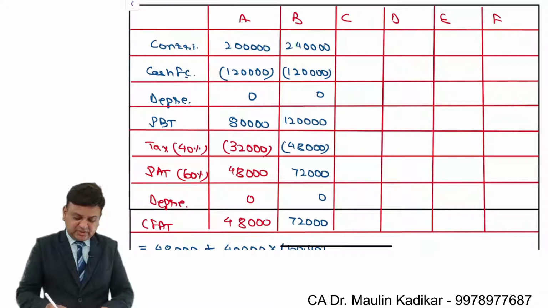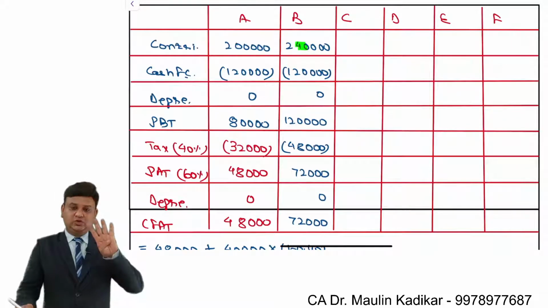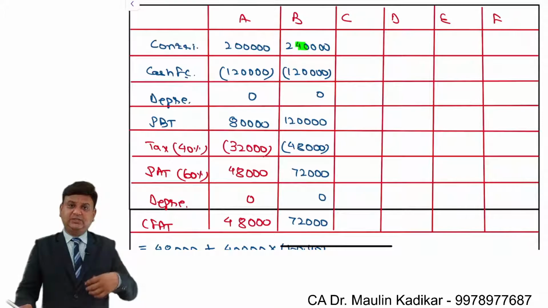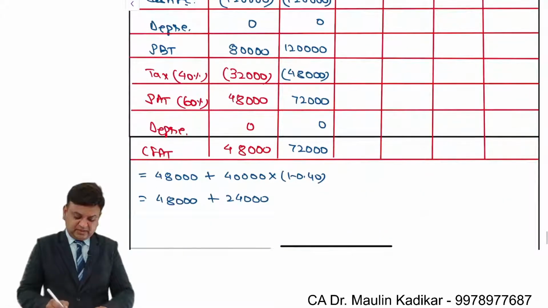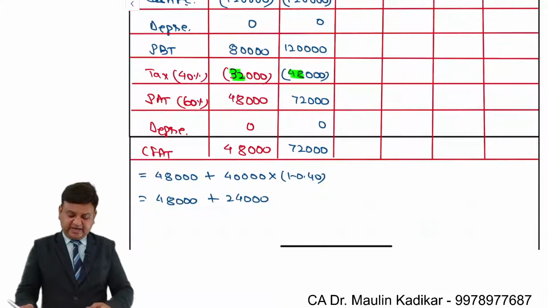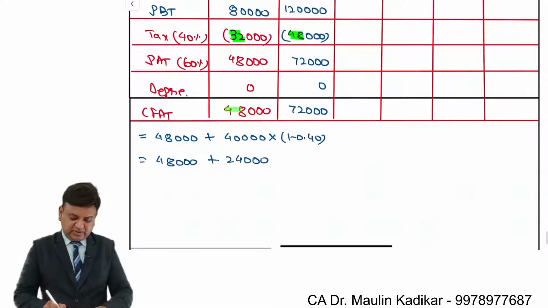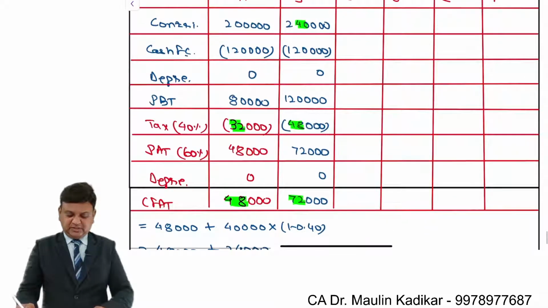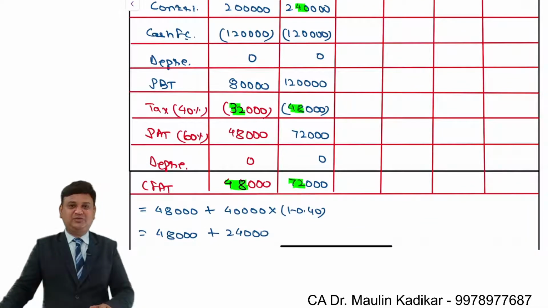You can understand something like this. The contribution increases by 40,000. So 40,000 into 40%, your income tax liability increases by 16,000. So 40 minus 16, cash flow increases by 24,000. This is the way the cash flow increases with the increase in the contribution.